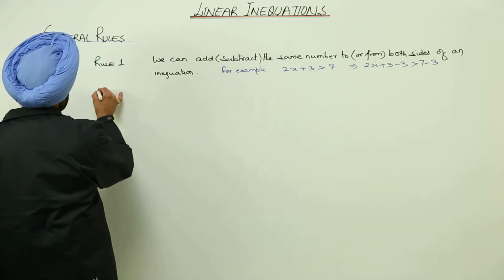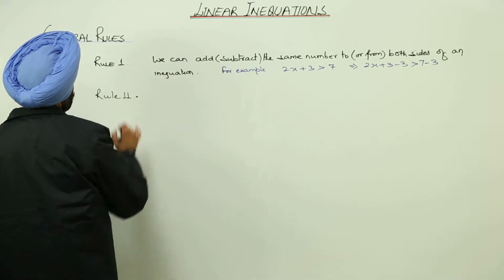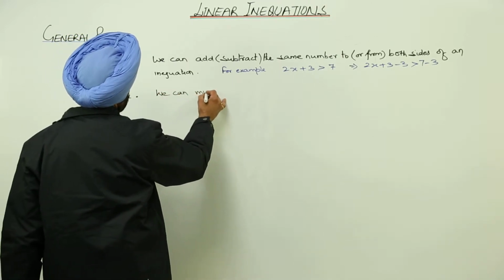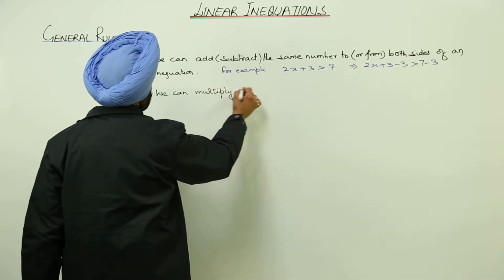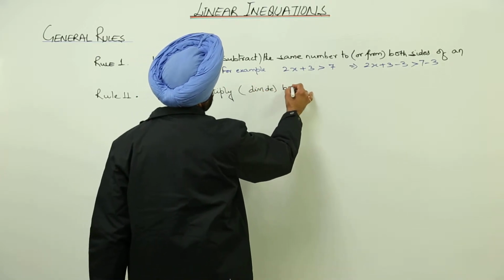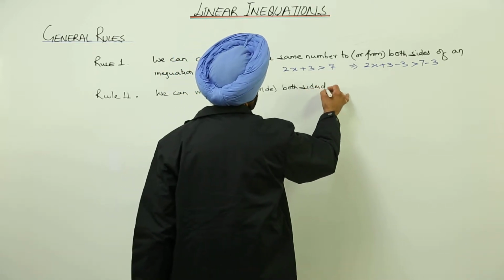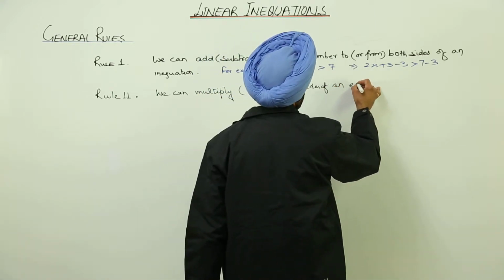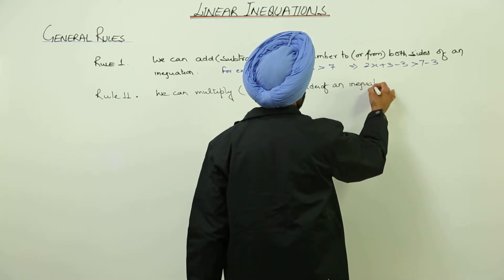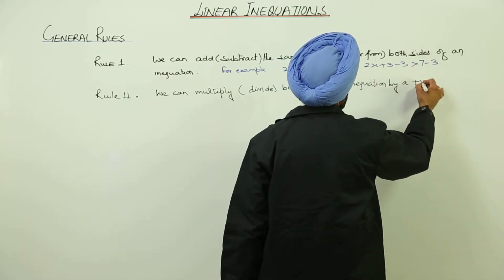Rule 2. Now rule 2 says we can multiply or divide both sides of an inequation by a positive number.